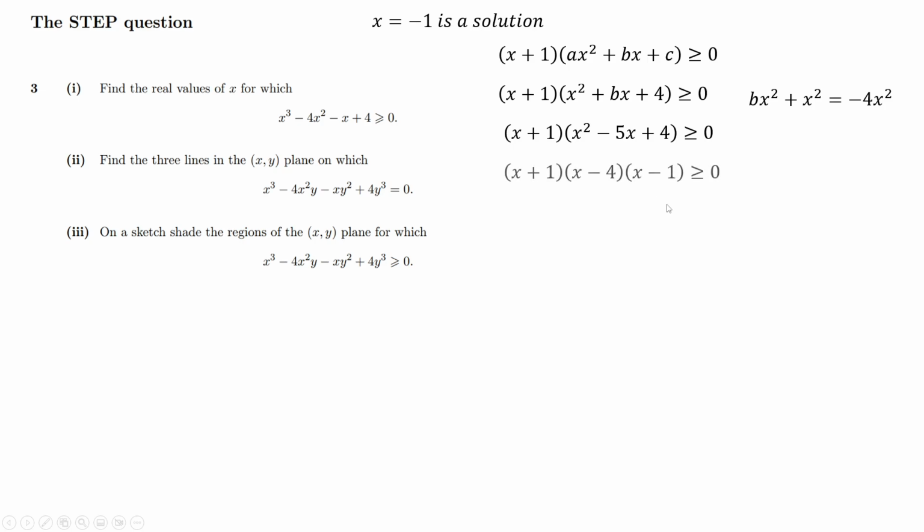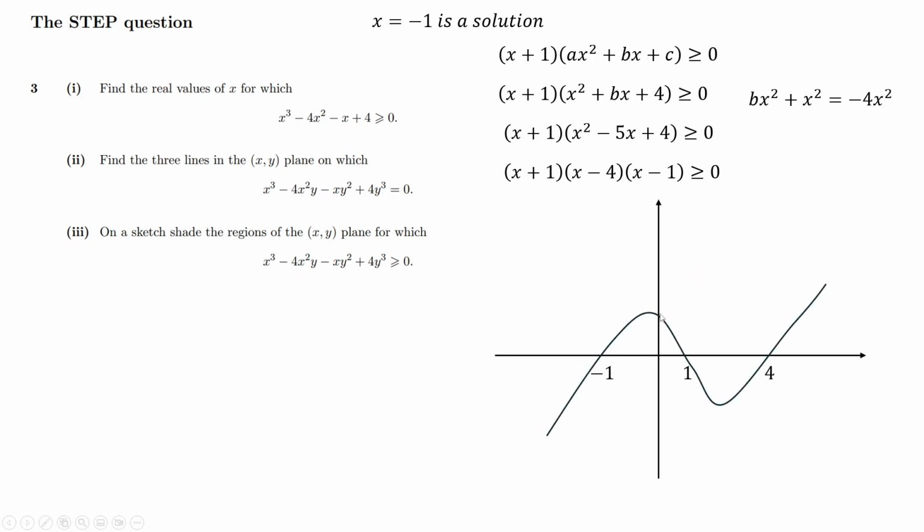Okay, this factorizes further into this, and this is greater than or equal to 0. We've got roots at x equals -1, x equals 4, x equals 1, and then we've got a y-intercept of 4. I don't think I put the y-intercept, it doesn't really matter, I don't think they care. We want to be greater than or equal to 0, so we want to be between -1 and 1, or greater than 4, and that's it.